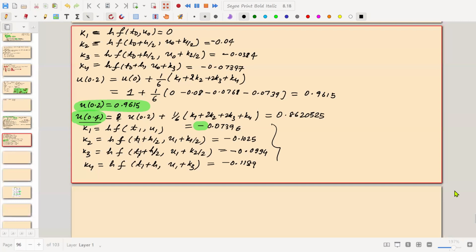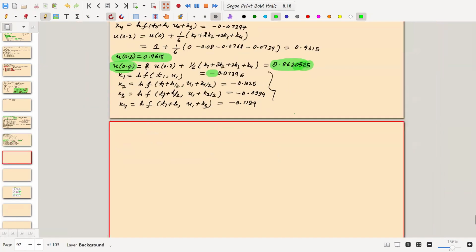So what do we understand from this? That's the main question. You got u at 0.2 as 0.9615. Now all of you should tell me this. We will make a table: u exact, u Euler, and u RK4.